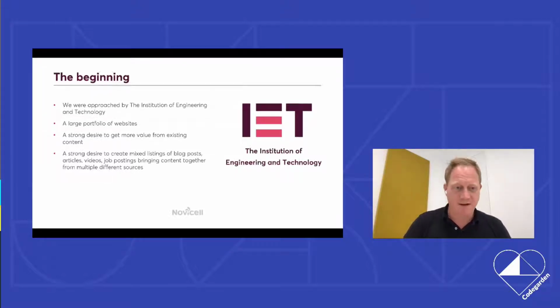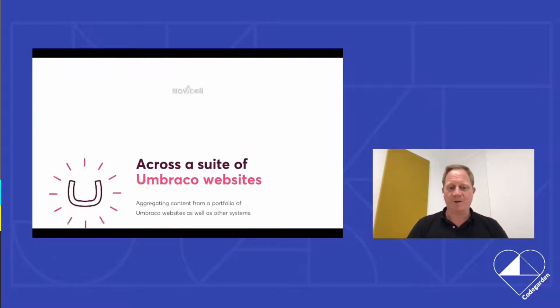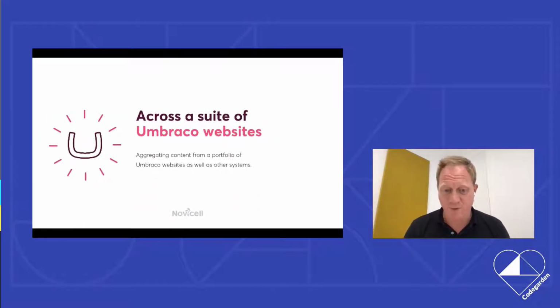So let me break down that long title for you. Sharing distributed content is all about breathing new life into existing content, and especially about capitalizing on an existing investment and reusing that valuable content that you already produced that's lying around in a huge organization. And we're doing this across a suite of Umbraco websites.